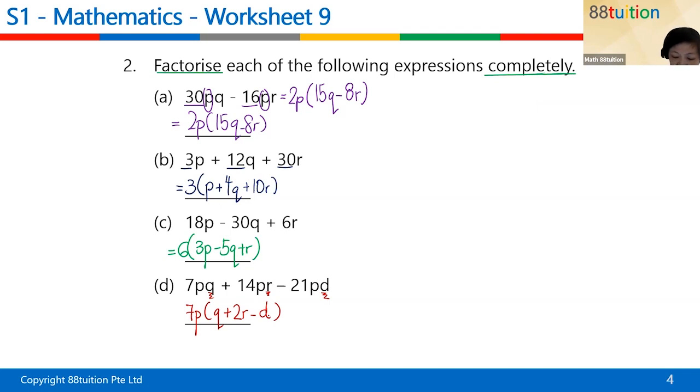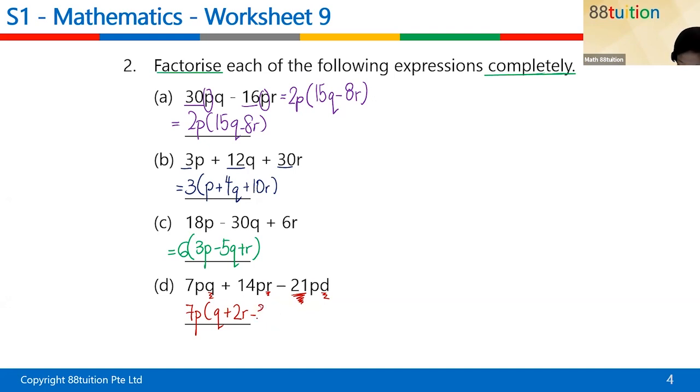Hey, wait. Can you spot a mistake here? You have a 21, you must divide by 7.